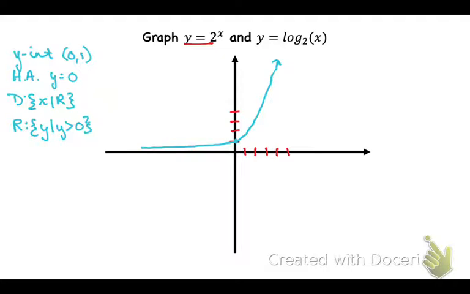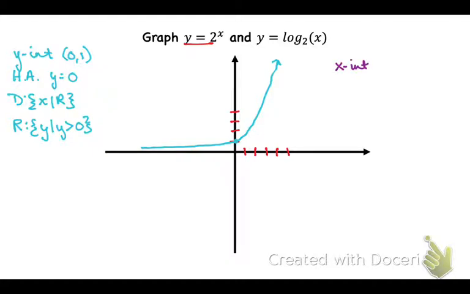Remember that I just said that exponential and logarithmic are inverses of each other, correct? And that means the x and the y switch places, doesn't it? So I no longer have a y-intercept. I have an x-intercept.